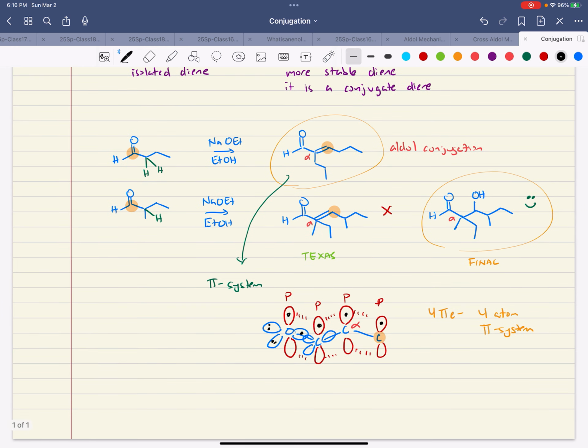Oh boy, I thought I had more space. Multiple choice. Which one of these cannot make a conjugated system when you do an aldol? Which one cannot complete an aldol condensation? How about that?